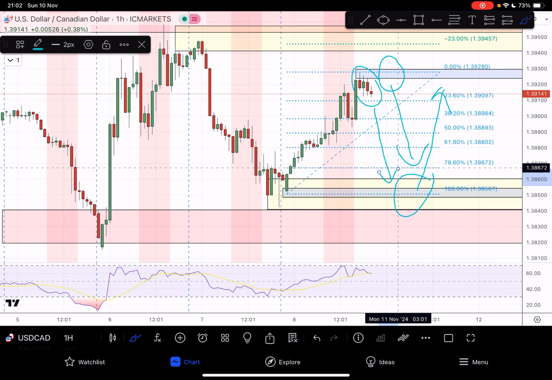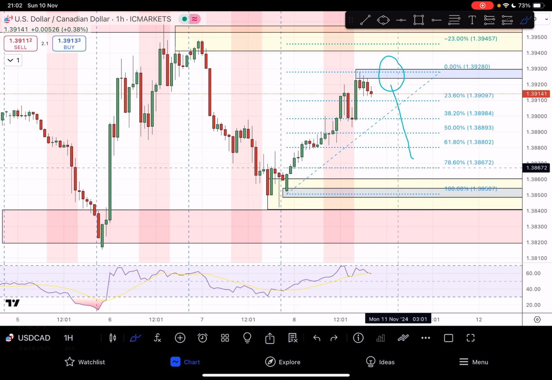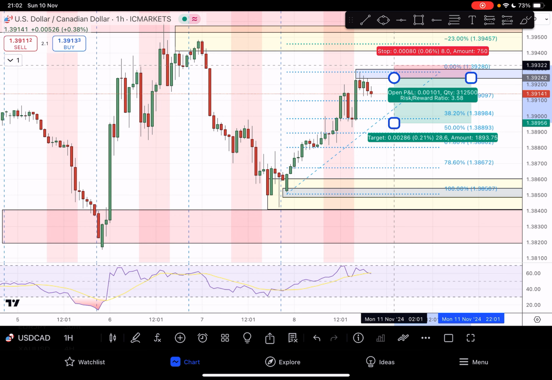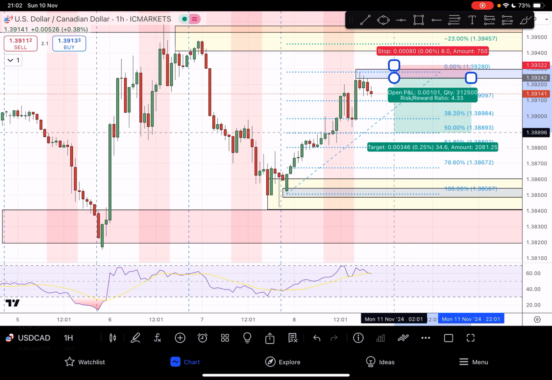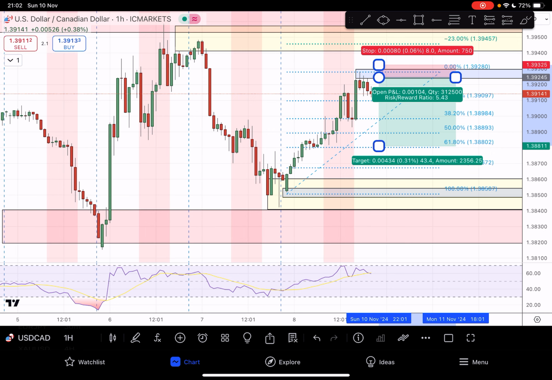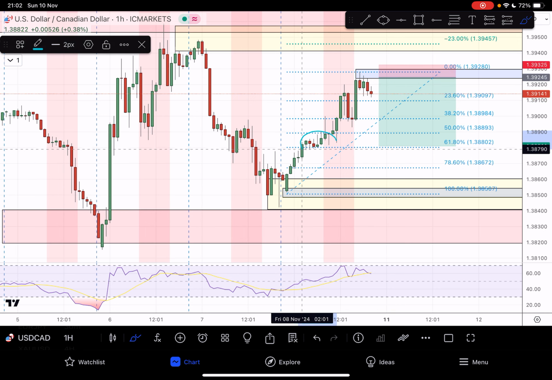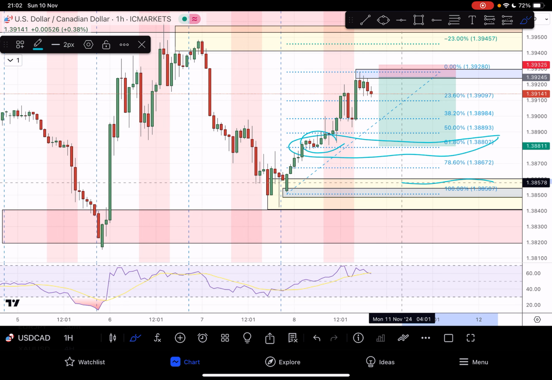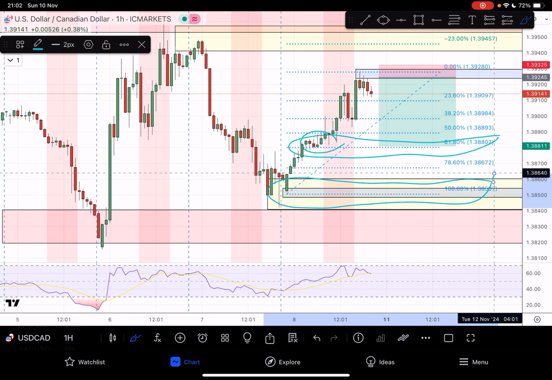So if I show you my risk to reward ratio tool, if we're looking for sells, and I'm selling on the H1 intraday trading level, I'm risking 7 pips to win. It could go here because there is a strong support level here, which is a minus 61 fib, or it could retrace all the way back to the 100%.